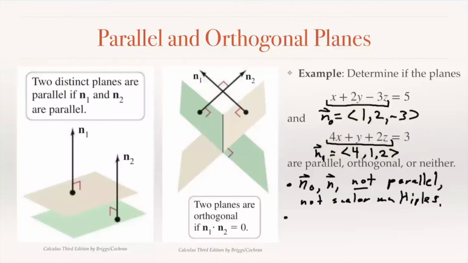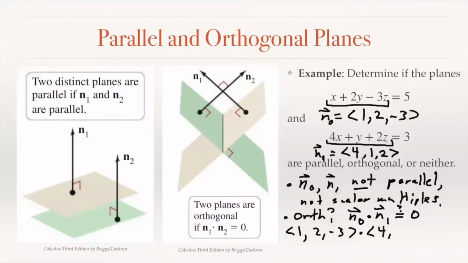So now let's ask, are they orthogonal? Well, then n naught dot n1 would be equal to 0. We're asking that as a question. Let's see. So is it the case that (1, 2, minus 3) dot (4, 1, 2) equals 0?